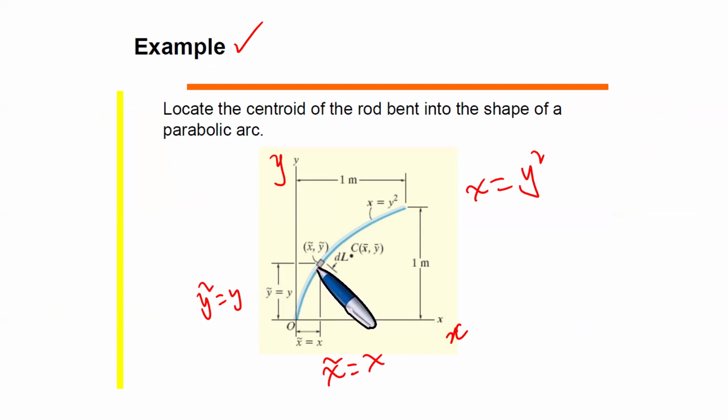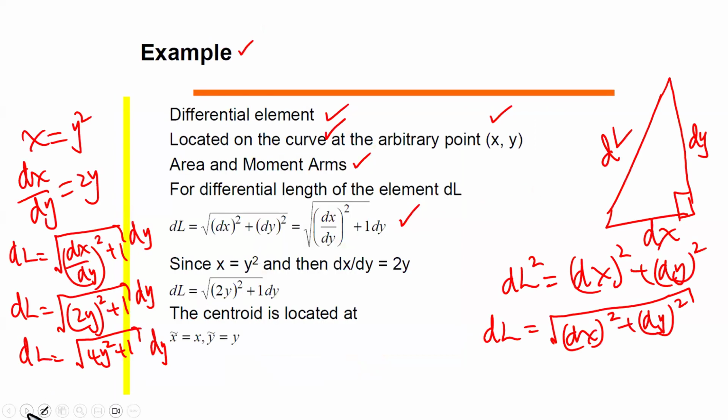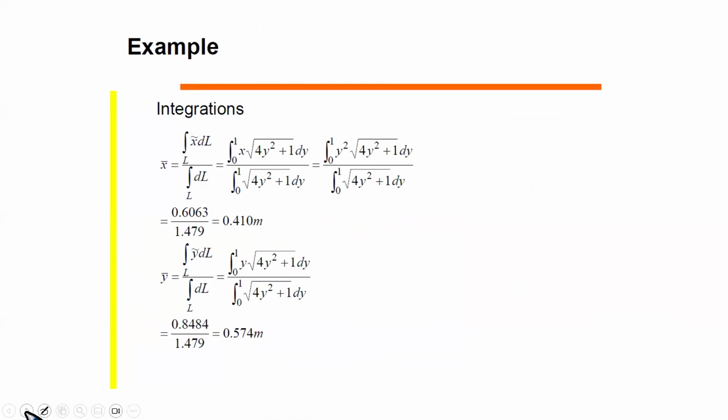The arbitrary position of this differential element is y on the y-axis, x on the x-axis. So x is x tilde, y is y tilde. We proceed. The centroid is located as x tilde is x, y tilde is y.